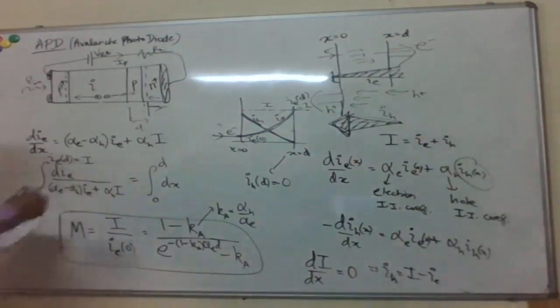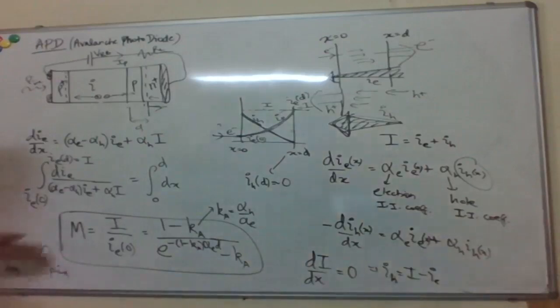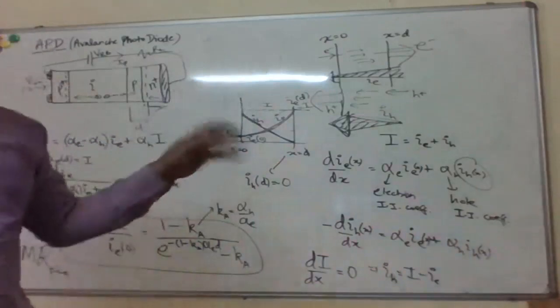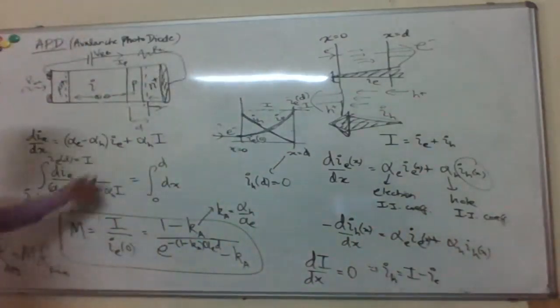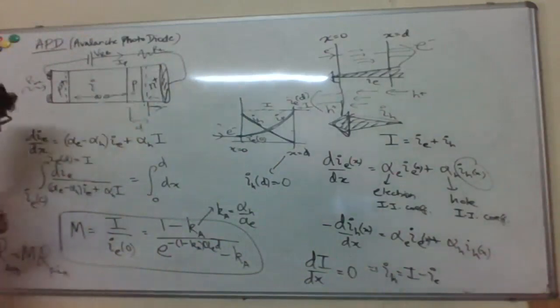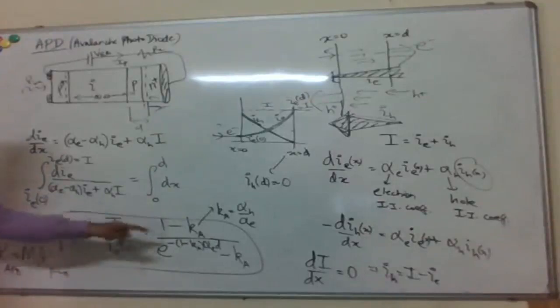So what we are saying is that the responsivity of the APD is M times the responsivity of a pin photodiode of similar construction, all other factors being the same. If I just introduce this extra multiplication layer, that gives me an enhancement of M times from the pin.